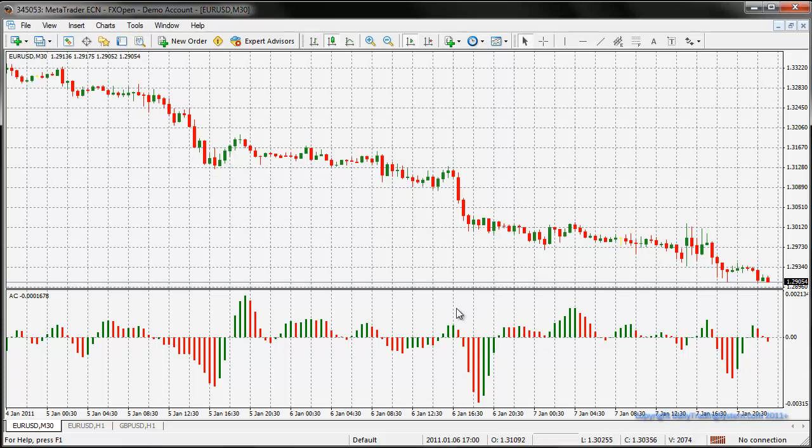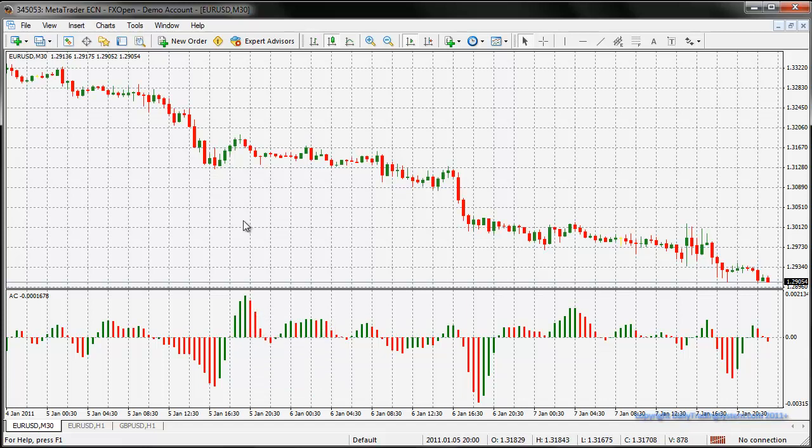So the rule of thumb for a basic buy signal is when you see it go from green, where I've got my cursor over, above the 00 line and it goes green again. On the finish of this bar you will go long, and on the end of this bar, when it starts to go red, you close it.